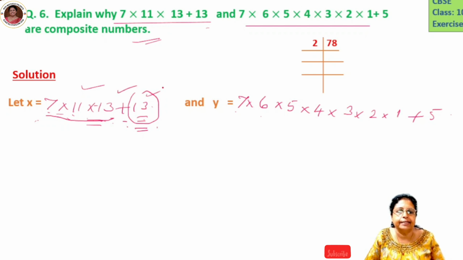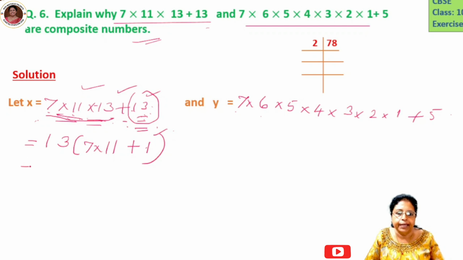So we can take this 13 outside. Have you understood? If you take 13 outside, what is remaining here? That is 7 times 11, plus, if you take 13 from the second term, what will be there? 1. 13 means 13 times 1, so 1 is remaining there.